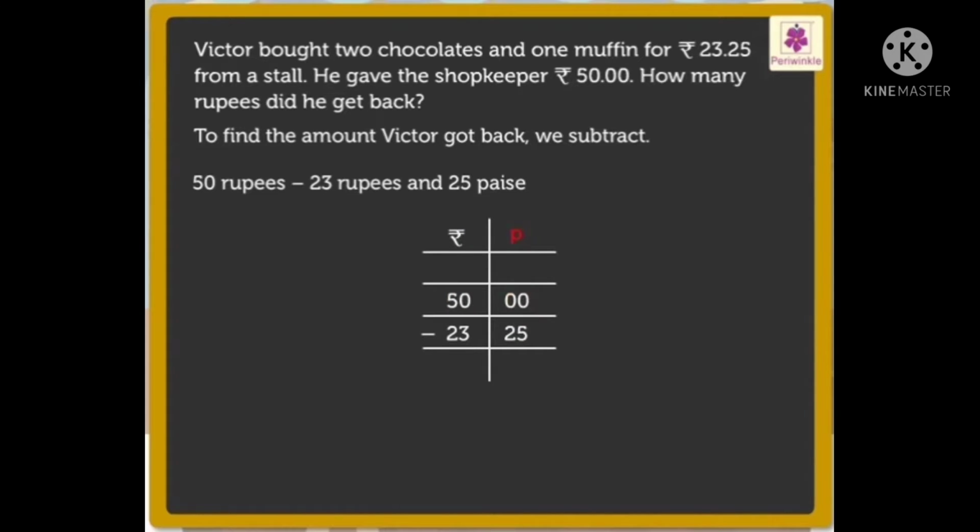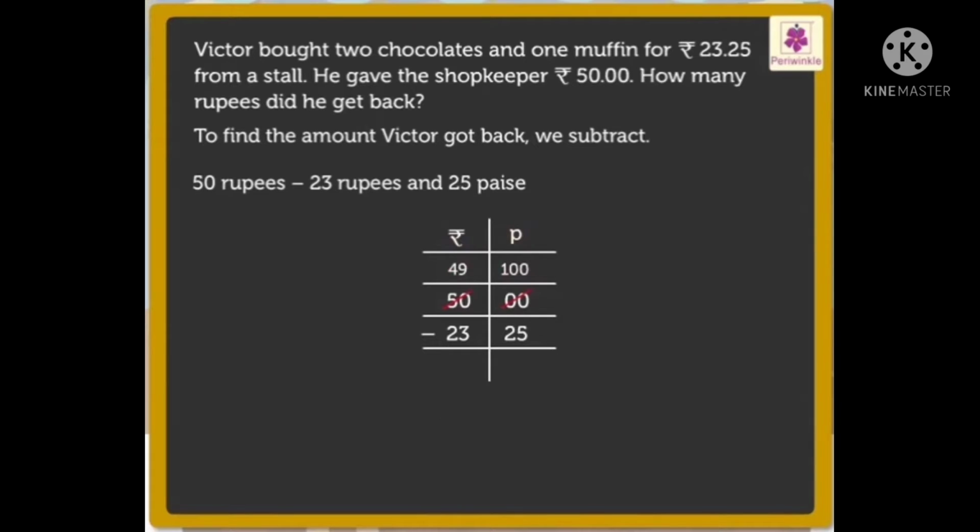First, subtract the paise. As 0 is less than 25, we cannot subtract 25 from 0. So, we borrow 1 rupee, that is 100 paise from 50 rupees and get 49 rupees and 100 paise.